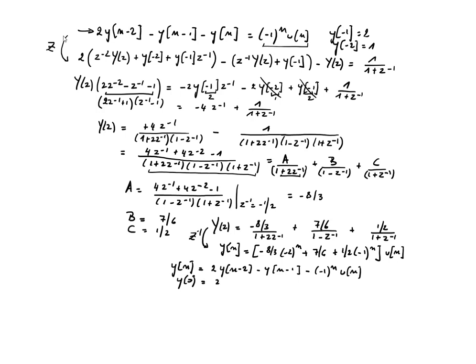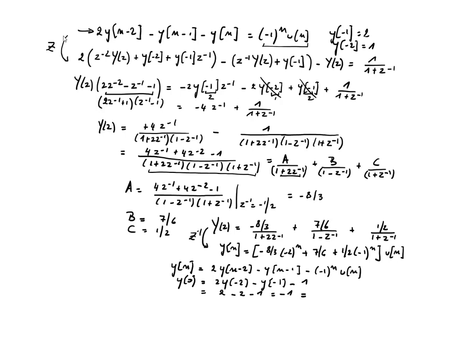So it's 2 times y[-2] minus y[-1], and we have here minus 1 to simply, right? So this is 2 minus 2 minus 1, so it's equal to minus 1.